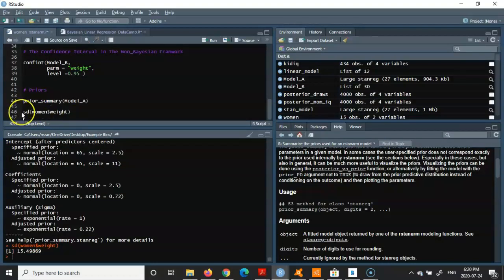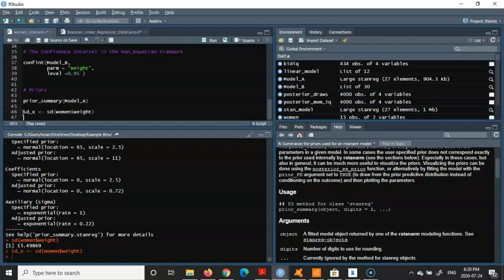I can store that into an object which I call SDX, which is going to be the standard deviation of our covariates. At the same time you can find the standard deviation of your response variable, which comes from the woman's height.